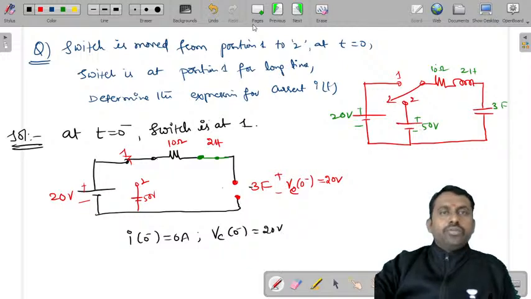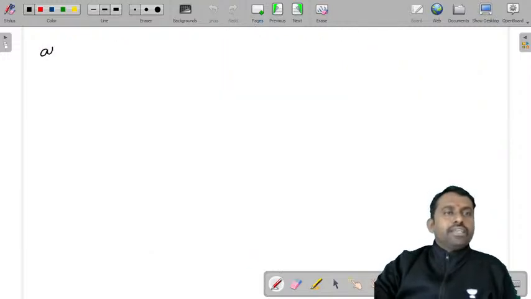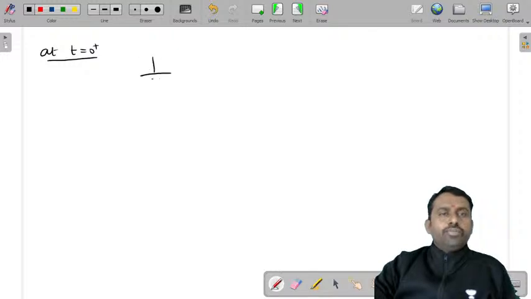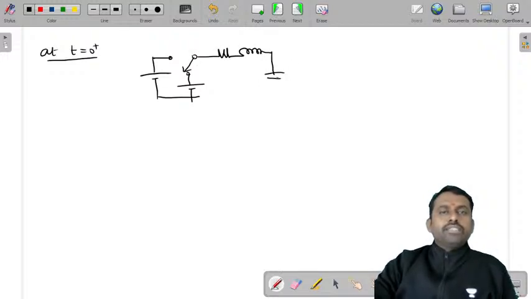Now let us try to do at t is equal to 0 plus. Let us see what happens at 0 plus. At 0 plus, this 20 volts is disconnected and the circuit is now connected to 50 volts. You have a resistor, inductor and a capacitor.